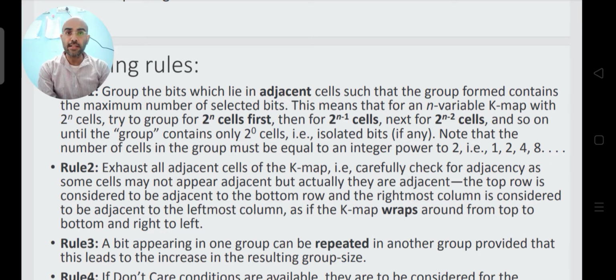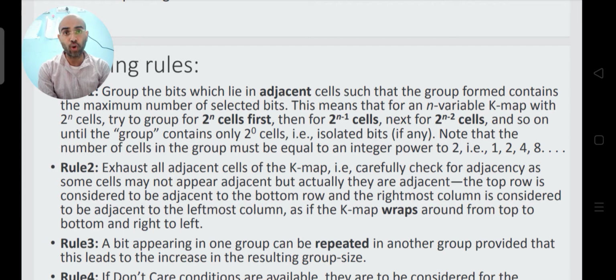Then the second thing is we should try to exhaust all the ones, all the adjacent cells. Until all the adjacencies are exhausted, don't form a group of a single cell. Don't use a single cell.